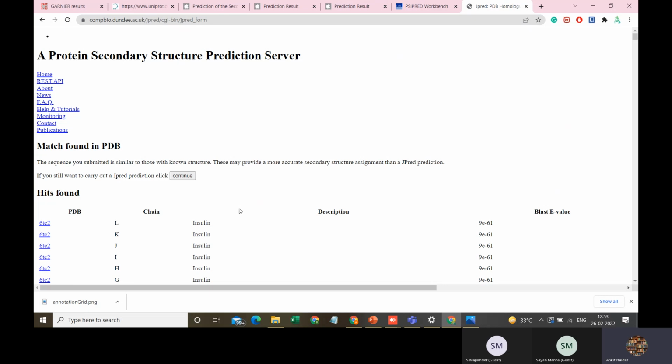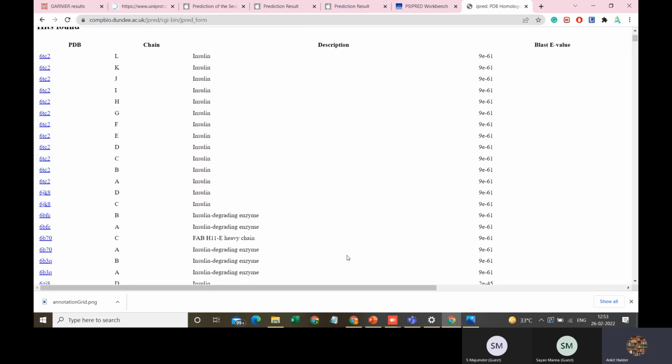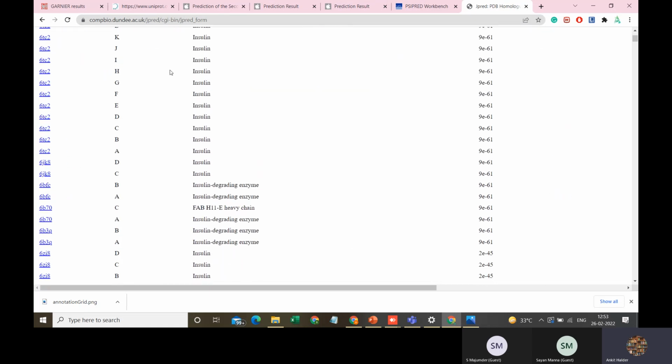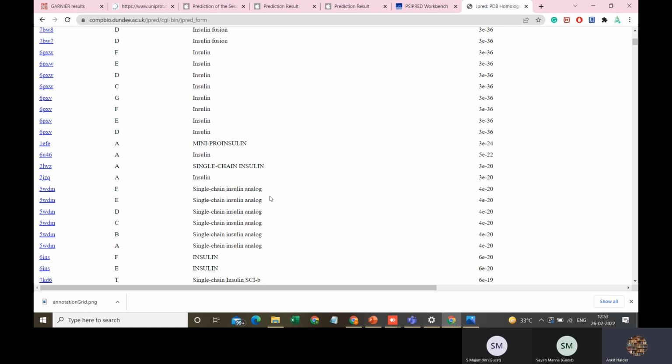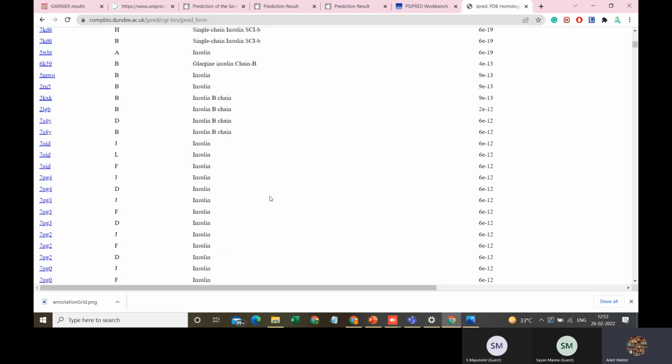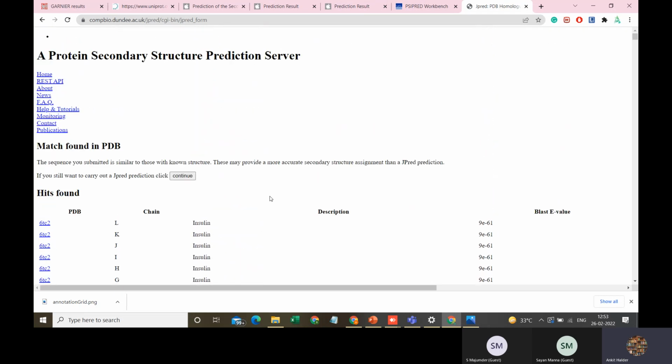While performing the homology modeling, it has identified different structures with BLAST values, for example it has mapped with insulin and other structures. So it's similar to those with known structures.